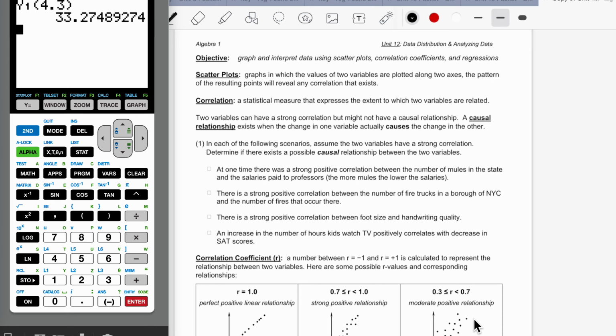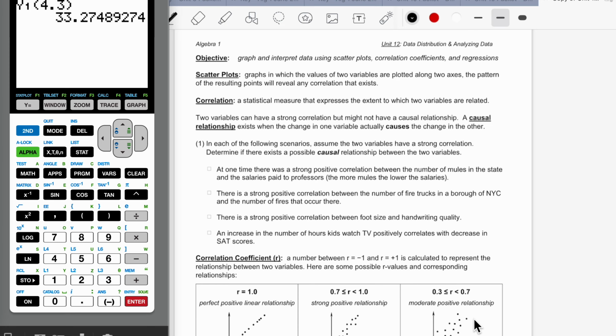First you have a suspicion, then you take into account the R value, whatever the correlation coefficient is, and then you use your senses, logical reasoning, and just good old intuition to determine whether one is causing the other to happen.